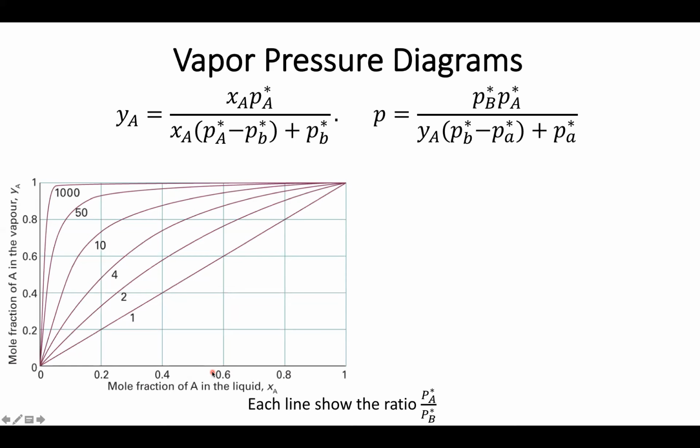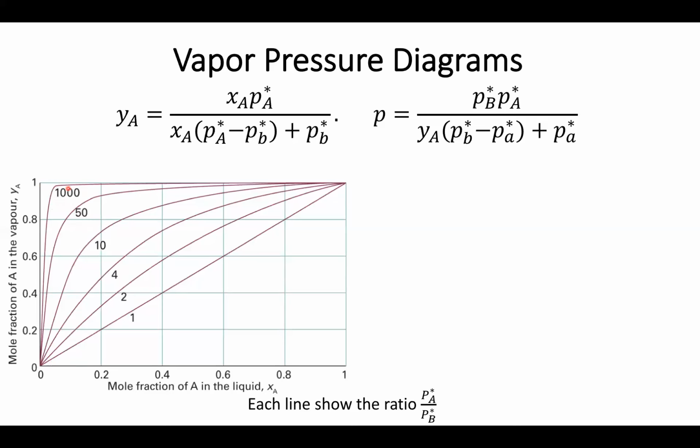However, some interesting things start happening as A starts becoming more volatile. In this case, not surprisingly, since A is more volatile, it is more likely to be found in the vapor phase than B. So by the point that you reach A being 1,000 times more volatile than B, by the time you get to a mole fraction of even 0.1, you'll find that the vapor is quickly entirely A, because it's going to evaporate so much more rapidly than B, which is going to be at this point rather non-volatile in comparison.